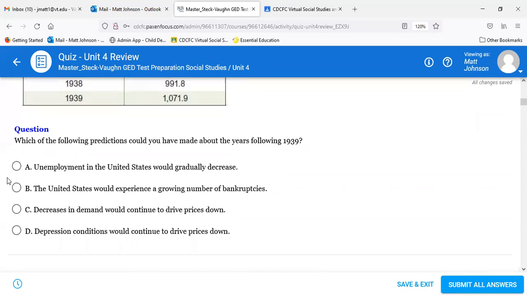B, the United States would experience a great number of bankruptcies. D, the recent condition could continue to rise down.